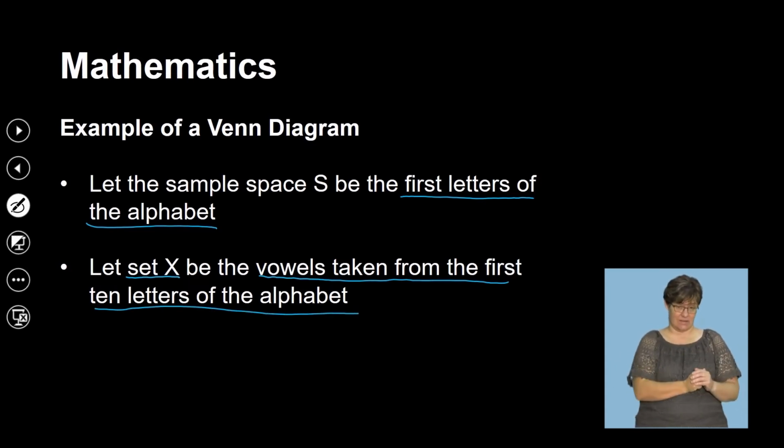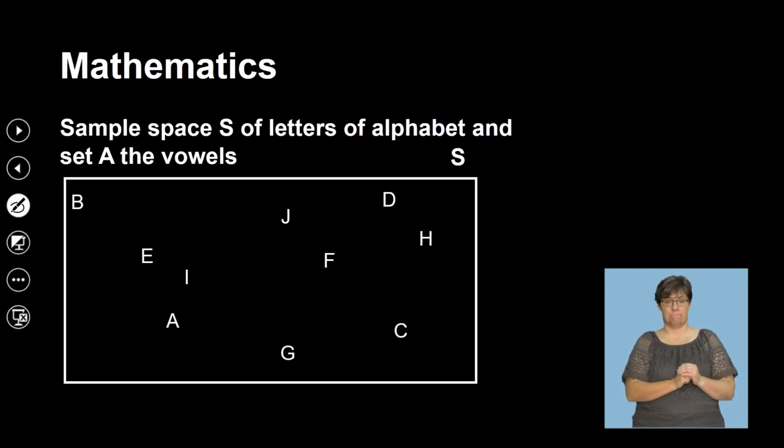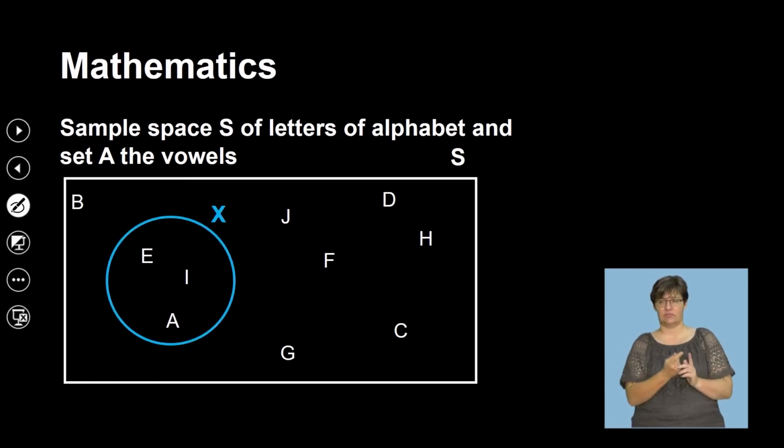So if we were to draw that, we recognize that we've got the sample space there with the 10 letters of the alphabet, and I think all of them are shown. And there you can see that X is only focused on the vowels out of those 10 letters, namely A, I, E. We don't go to the others.